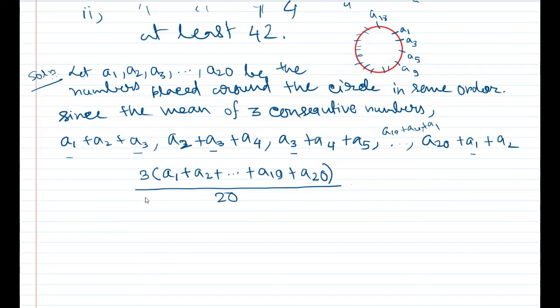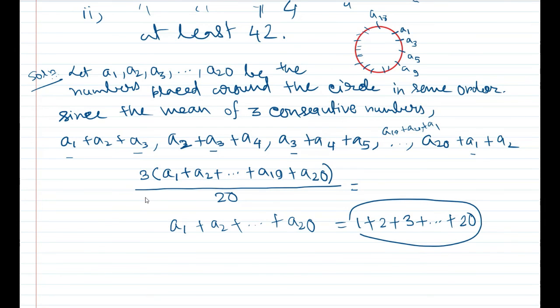Okay, so see, we have to sum A1 plus A2 plus ... plus A20, that means 1 2 3 ... 20.